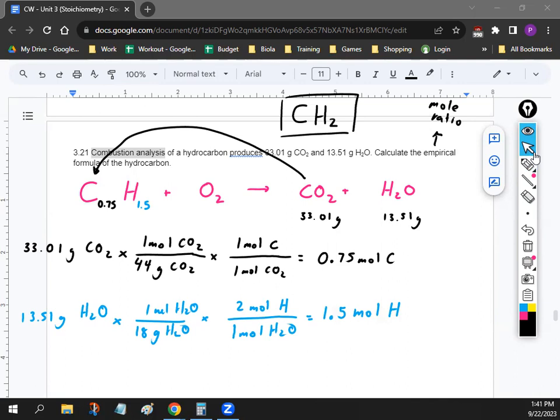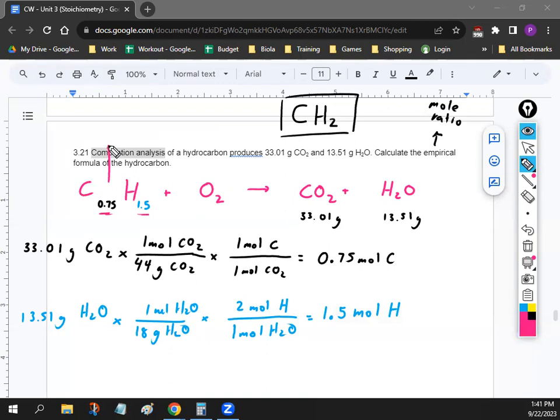Why did you divide both by that? Because we need to make it a whole number. For the final answer, we got 2 because you see right here. You're okay with this part, right? How we got these numbers. So the smallest number is 0.75, right? In order to make an empirical formula, we need whole numbers.